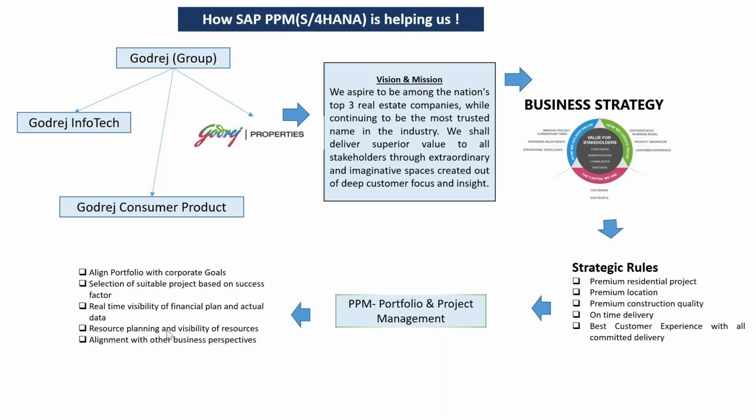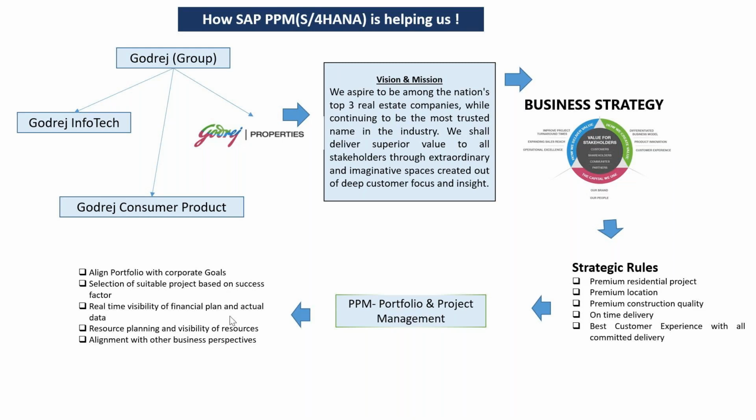So when we are going to start any project, first we analyze whether this is helping us to achieve my organization goals, or whether it is aligning with my business strategies or the mission and vision of the organization. If yes, then we proceed. If no, then we are holding it here. We are not executing, we are canceling it here. So here PPM will help us to do this task.